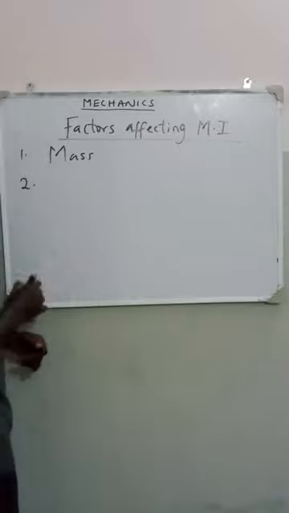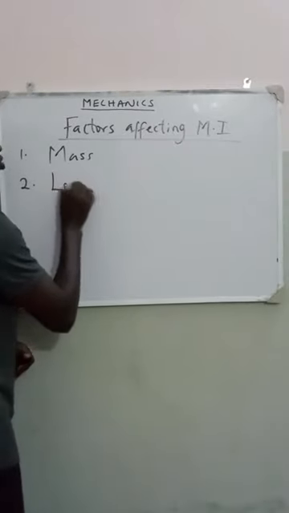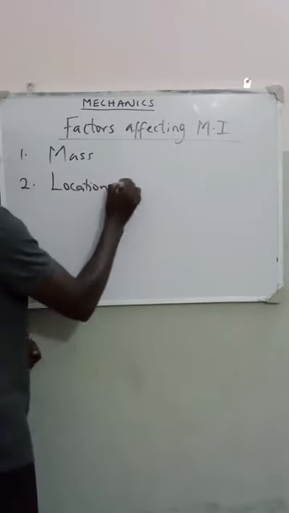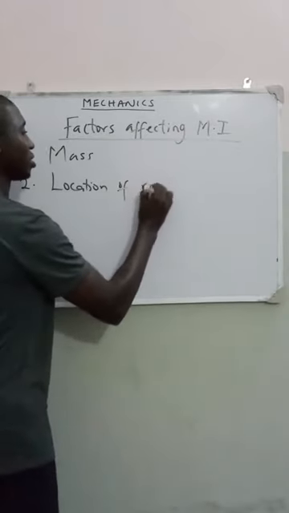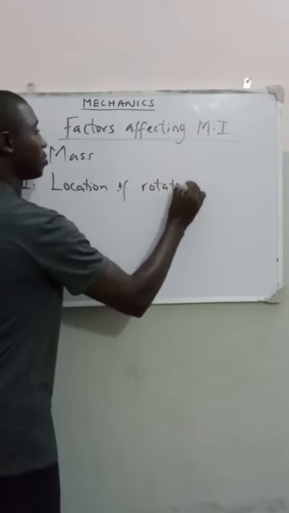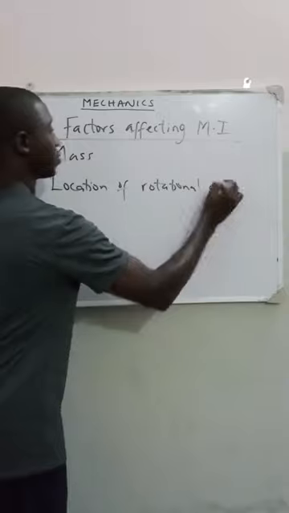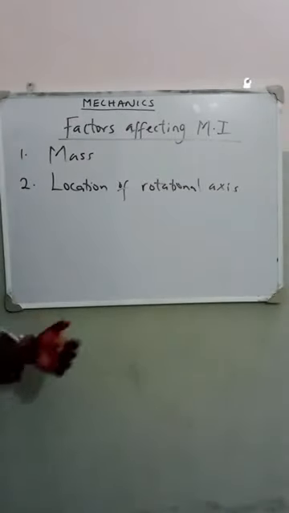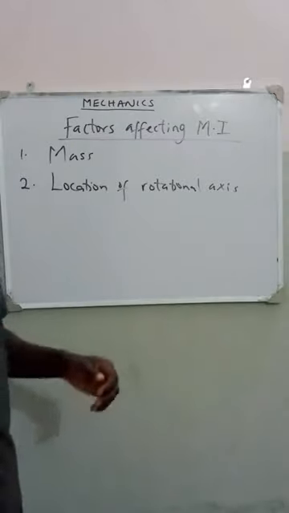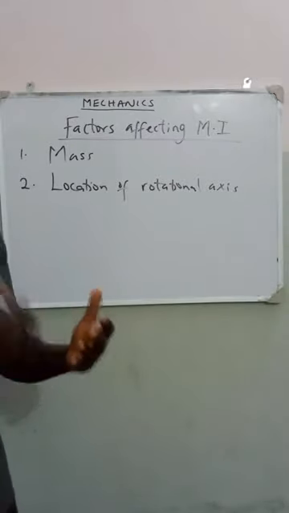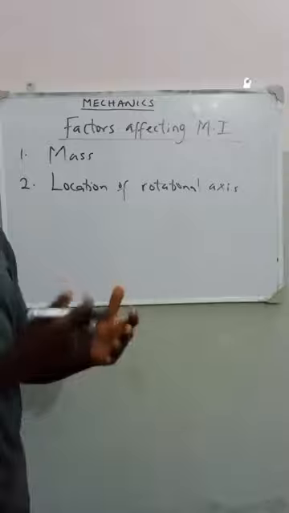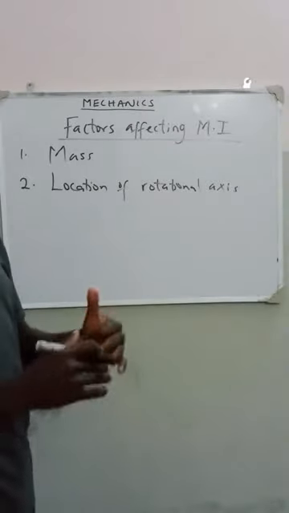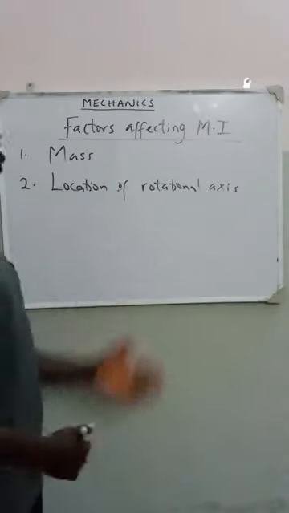And the second factor is the location of rotational axis, that is the point at which those bodies are being rotated. These are the two factors that affect the moment of inertia.